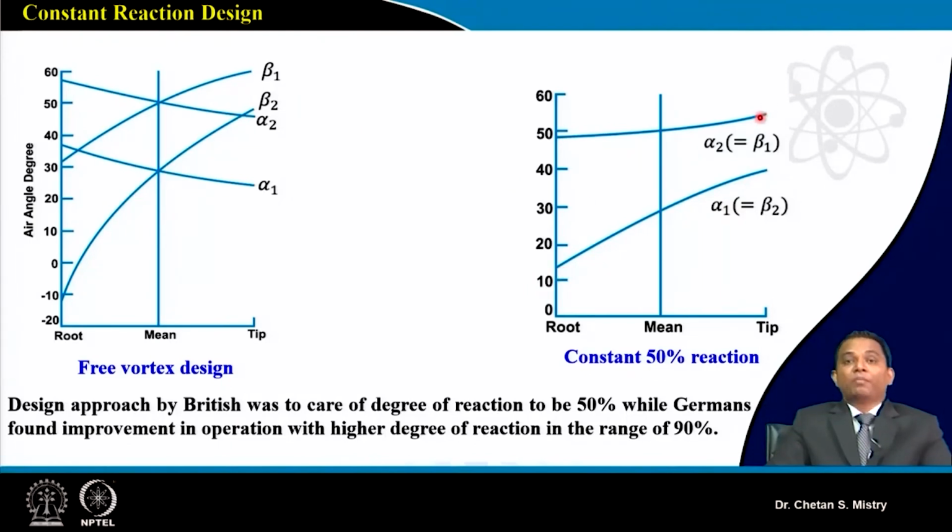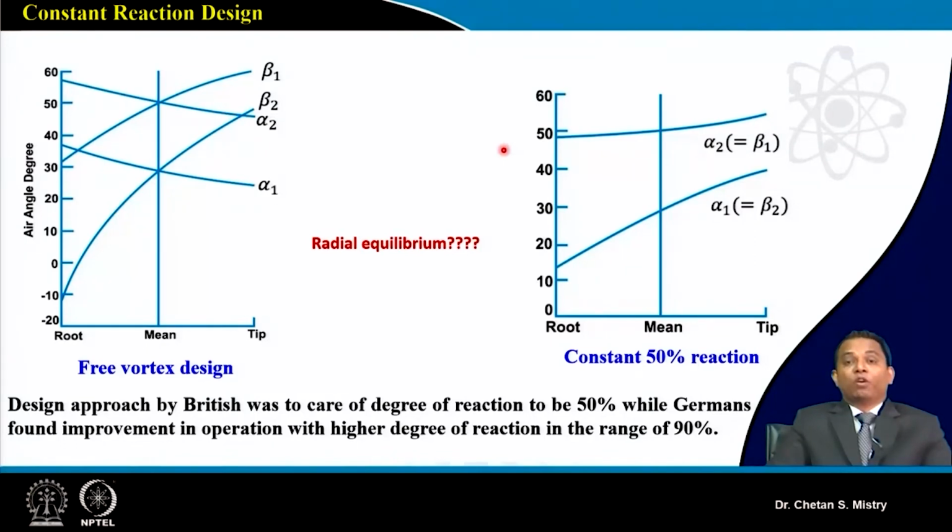And at the same time, my delta beta at the tip is slightly higher. So if you compare these two, my blade twist will be lower for the constant reaction design. But as I discussed, we have our challenge that it needs to satisfy the radial equilibrium theory. So that is a question mark for the designers.